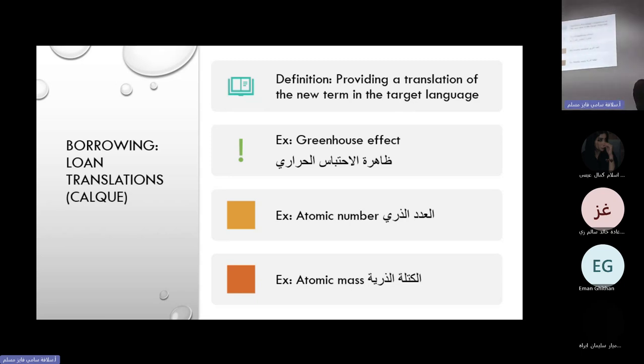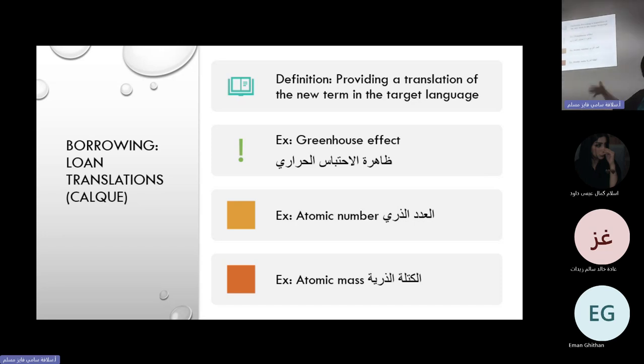That was total borrowing of the source language into the target language. Here what we do, we translate the term into the target language. Example, the greenhouse effect. What is it? The global warming phenomenon. Okay, we didn't say the greenhouse phenomenon. We translated that.